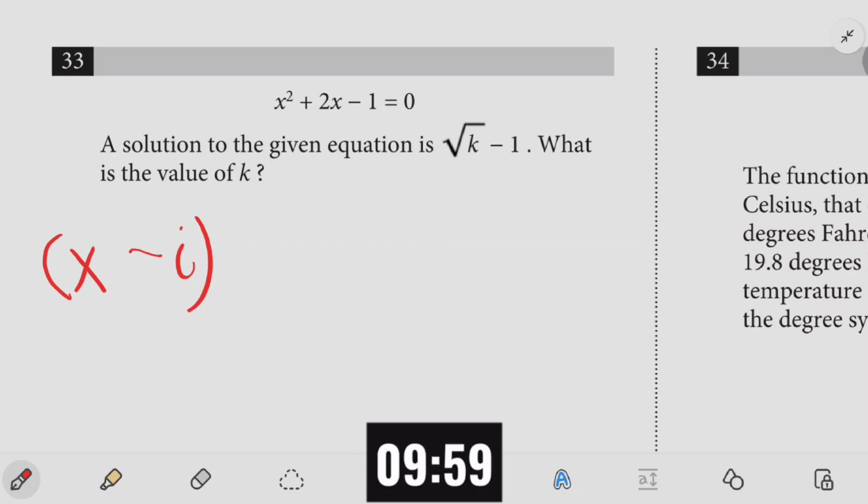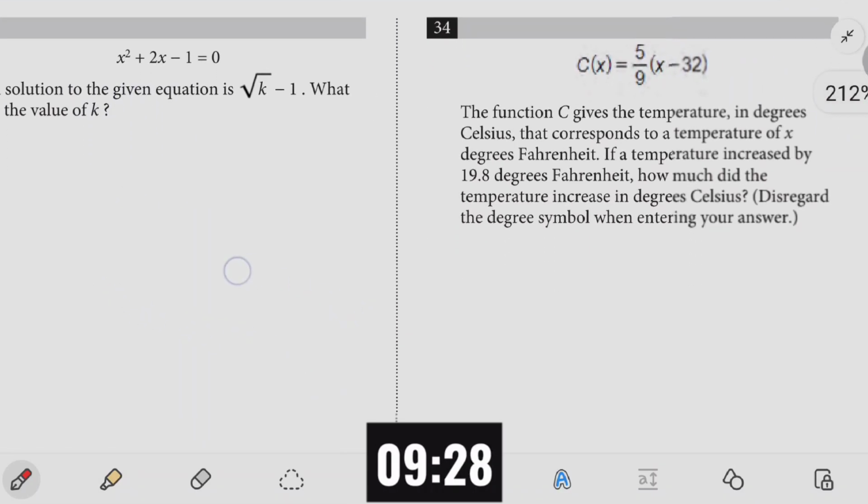Wait, negative I, it'll be positive I. Ix plus Ix. 2I? No. Shoot. What numbers multiply to -1? -1. Crap, -1. 2. Let's skip this one.